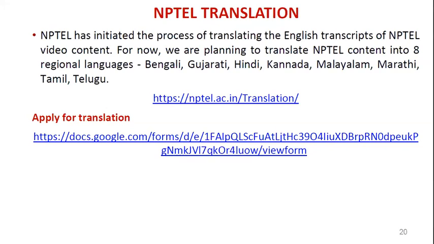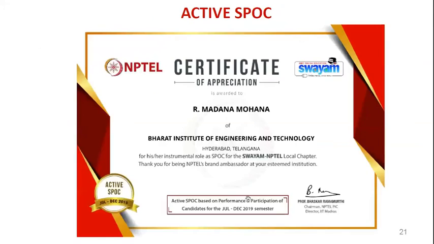Now, as I already mentioned regarding SPARK, if you secured Active, A grade, AA grade or AAA grade, you will get a SPARK certificate also. This is one sample SPARK certificate.